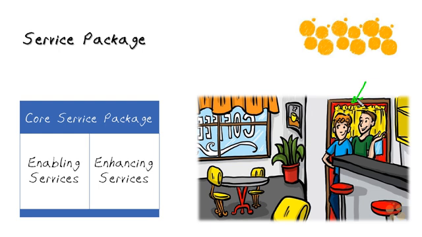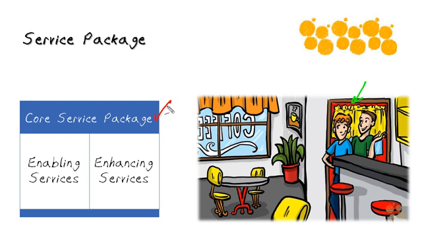The packages, whether it's one service or many services put together, are going to have a few things, including the core service package. The core service package, think about it this way, is the one that provides what the customer is desiring. It's the basic outcome of the service. So in this case, if they're getting a cappuccino, it's the cappuccino, right?